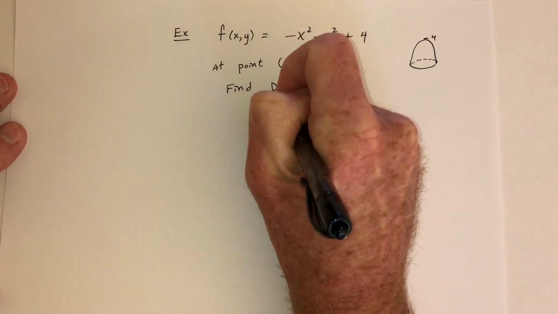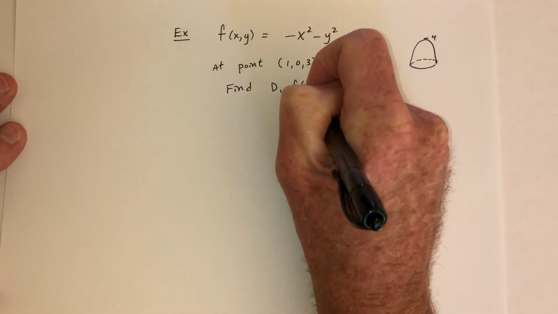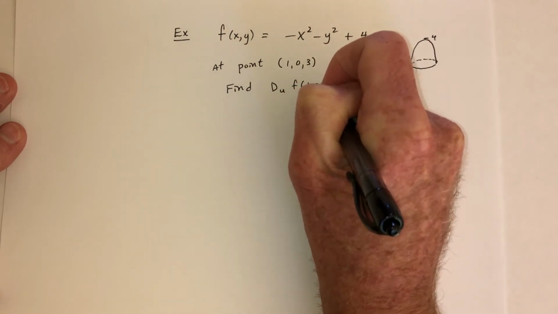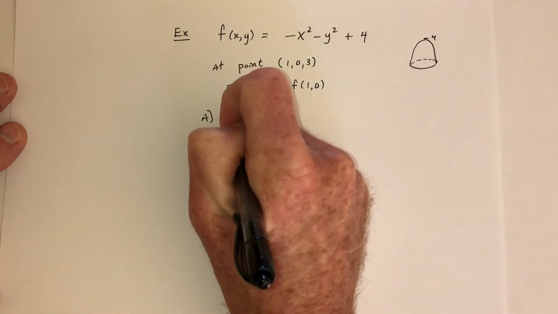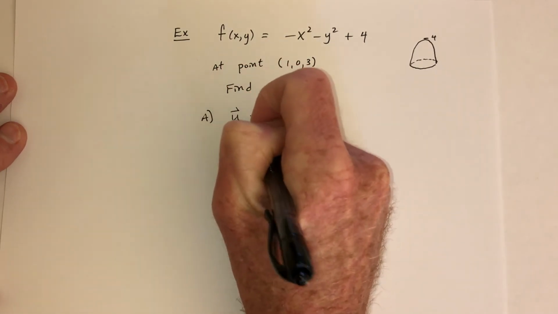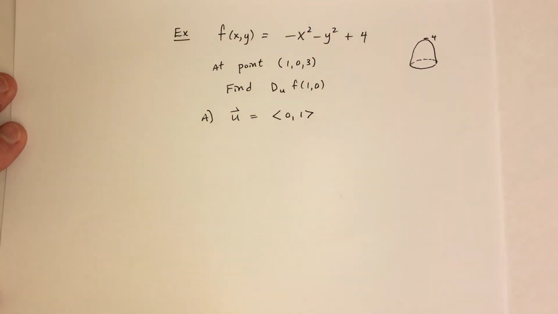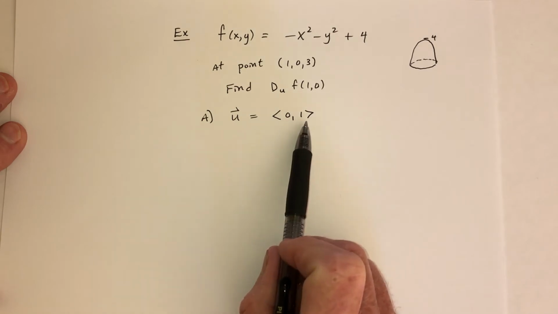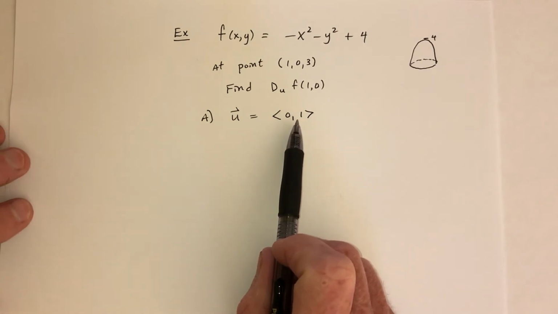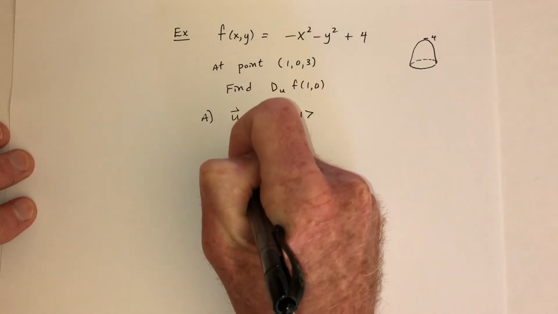So find the derivative in the direction u of the function when x is a 1 and y is a 0. Part A, how about if u equals <0, 1>? So the length of this vector would be 1, so it's definitely following that rule that this is a unit vector. Now take the derivative with respect to x.